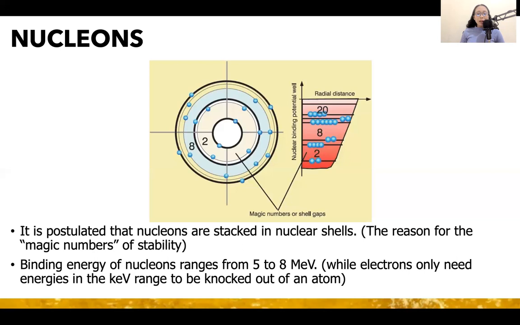So, nucleons are also defined by what we call binding energy. This binding energy depends on the specific atom that you are looking at. So you can have carbon 12, which has 12 nucleons, right? 6 protons and 6 neutrons.